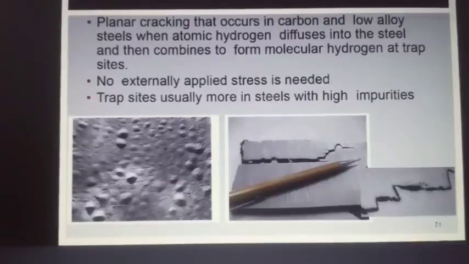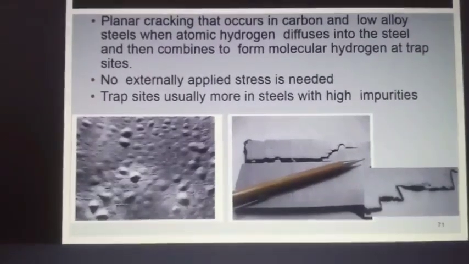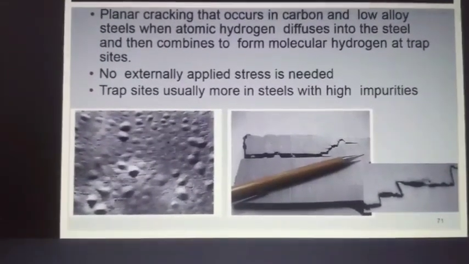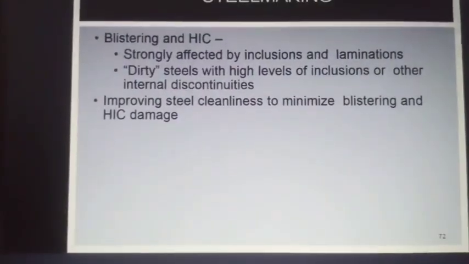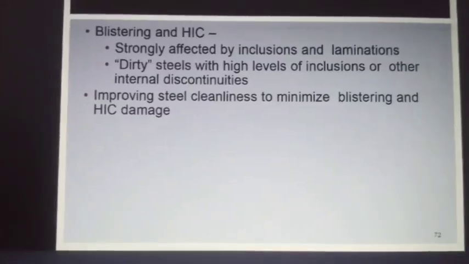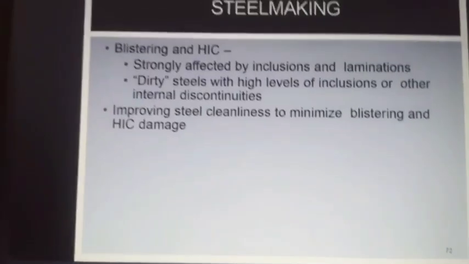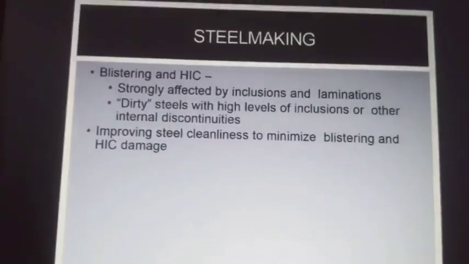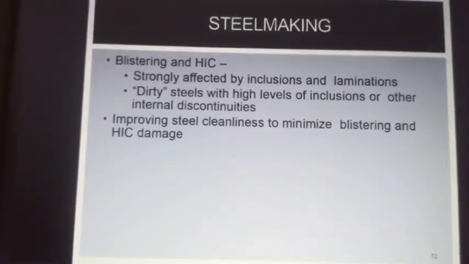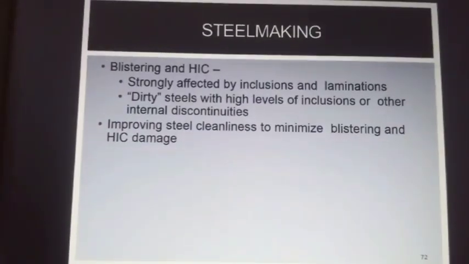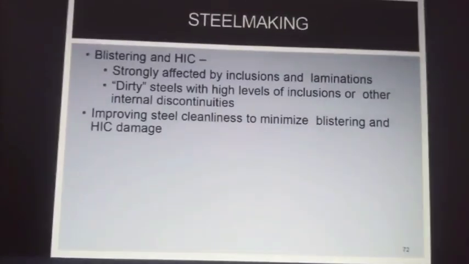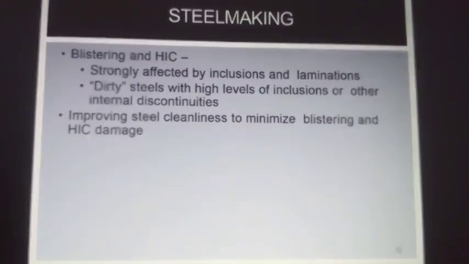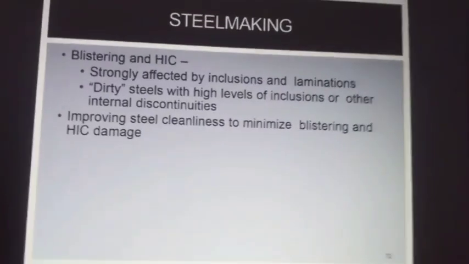If you restrict sulfur, you restrict the tendency of forming sulfide inclusion, so the hydrogen may come inside and pass through also. That is the only intention of restricting sulfur content, so that you don't get elongated inclusion.